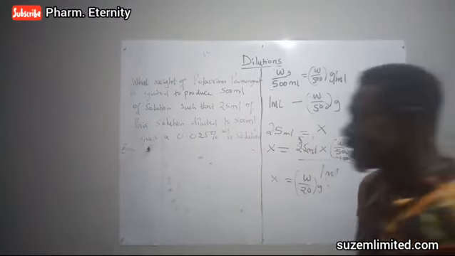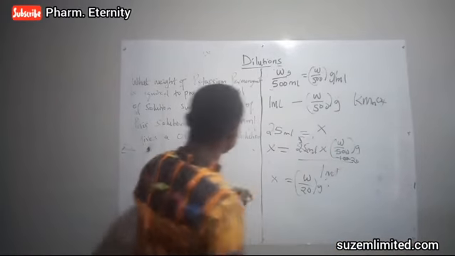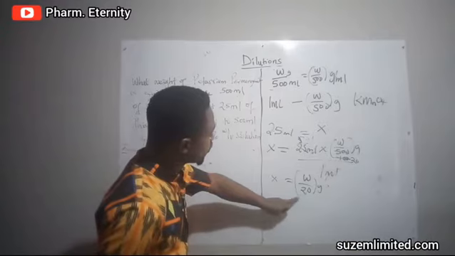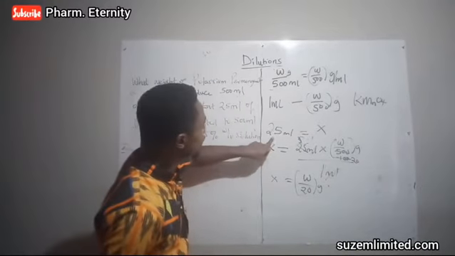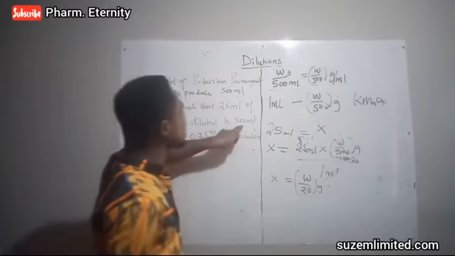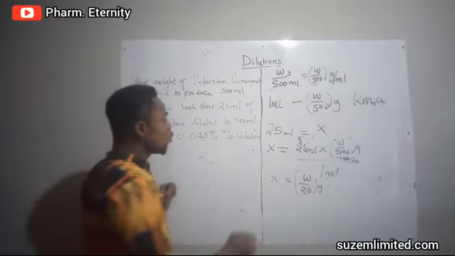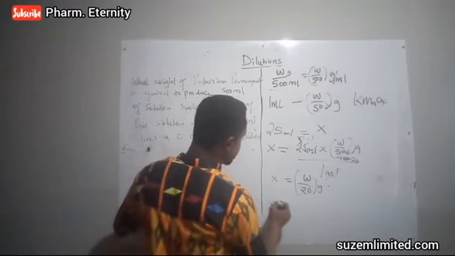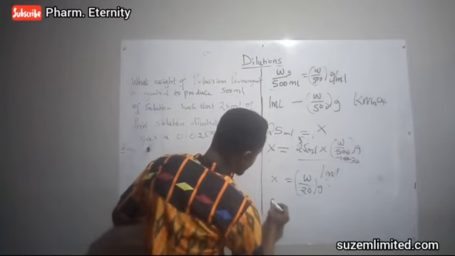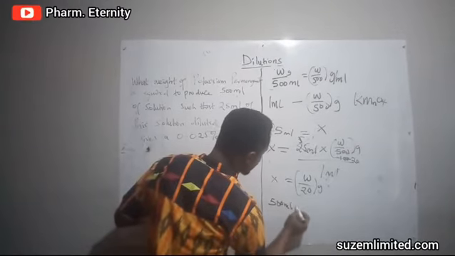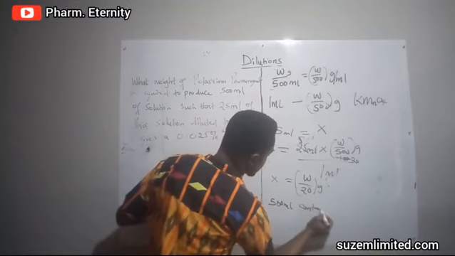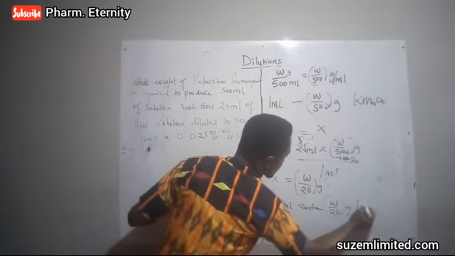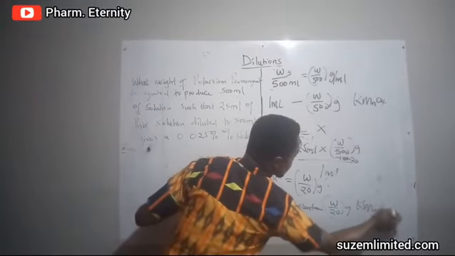What it implies is that the W over 20 gram contained in 25 ml will still be contained in 500 ml. So 500 ml of the solution will still contain W over 20 gram of potassium permanganate.